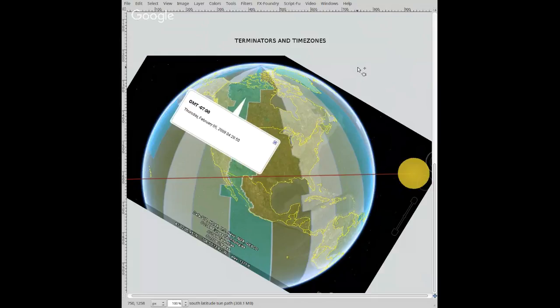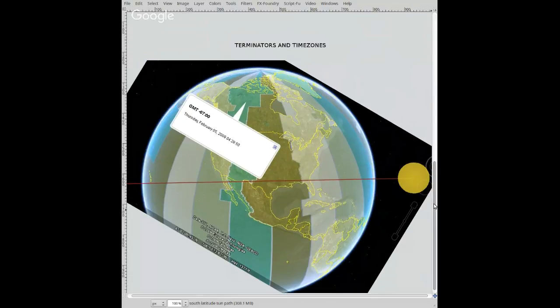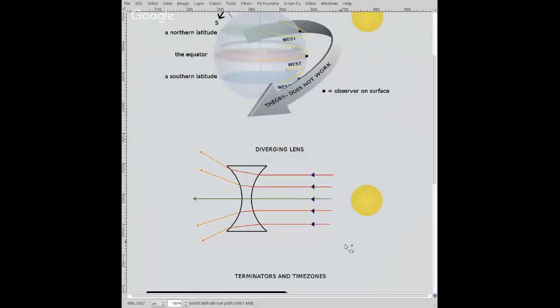If the Earth is tilted toward the sun, spinning around at this axis, the terminator line is going to face the sun. It's going to be like this, so we should have sunrise in Alaska at the same time we have in Florida.